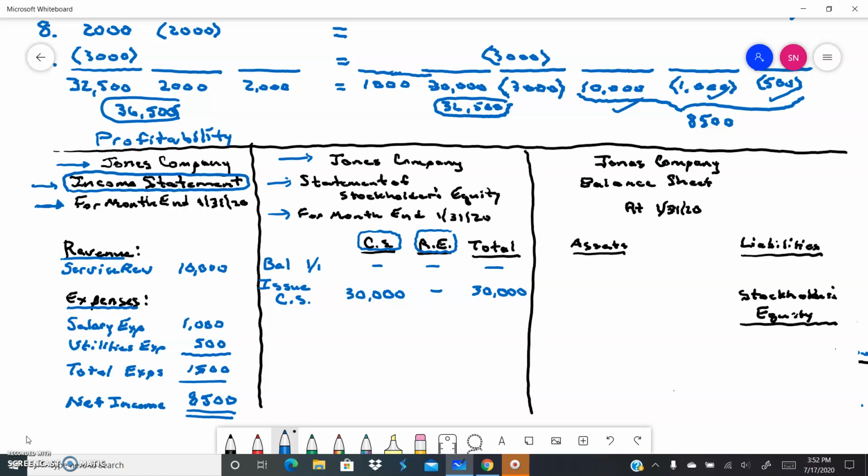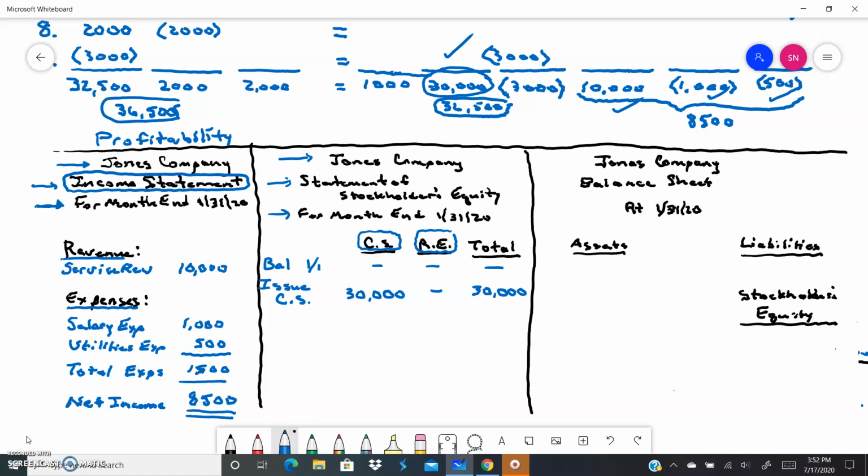And what we're doing is we're summarizing the changes that have happened in our stockholders' equity section. The first change, of course, is the issuance of common stock, so we've accounted for that. The second thing is that revenue and expenses are part of stockholders' equity, and those are part of retained earnings.